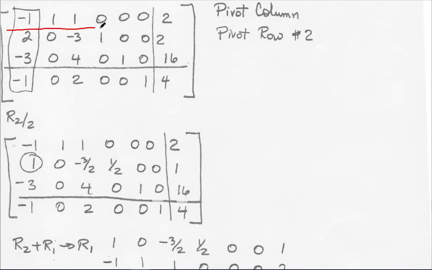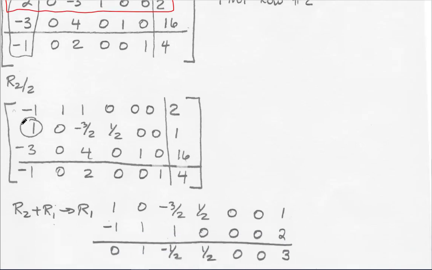Therefore, this becomes the pivot row. I'm going to make it a 1. Simply divide everything in the row by 2. Now that that's done, I need to use it to make a 0, make a 0, and make a 0.